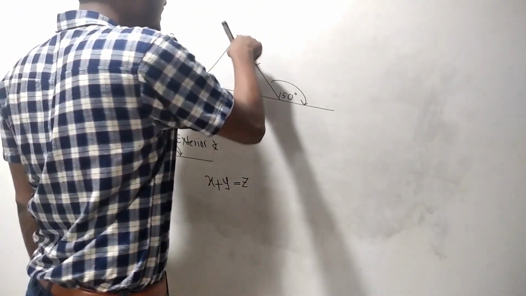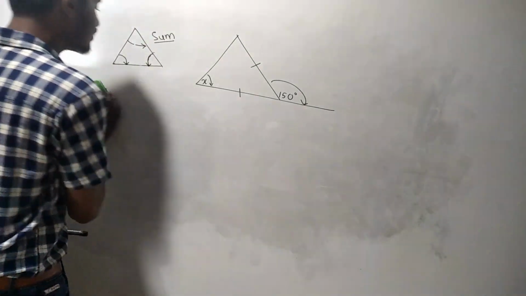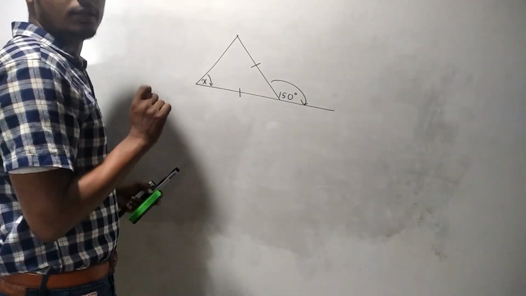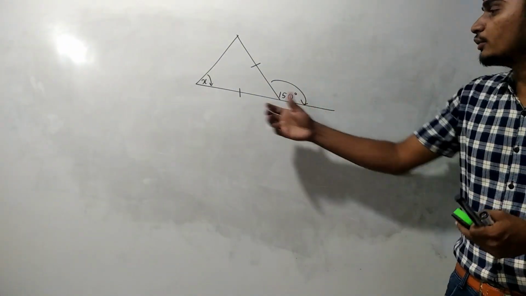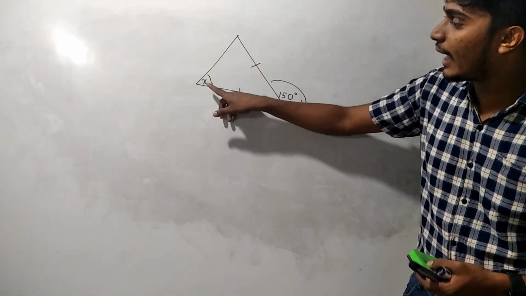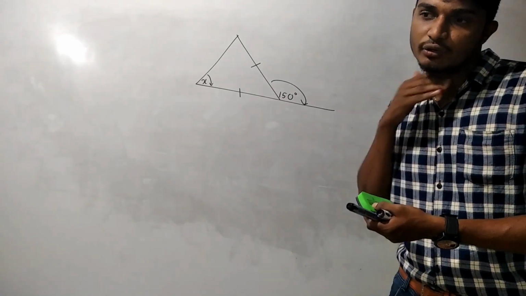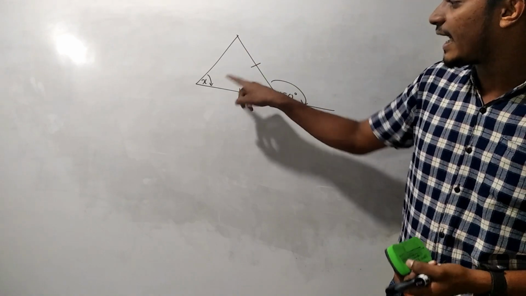When you consider this triangle over here, you have been given just one angle. You need to think whether you can apply the exterior angle theorem or the sum of interior angles.